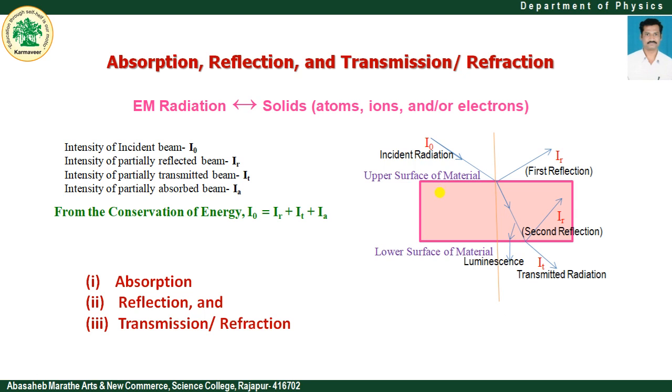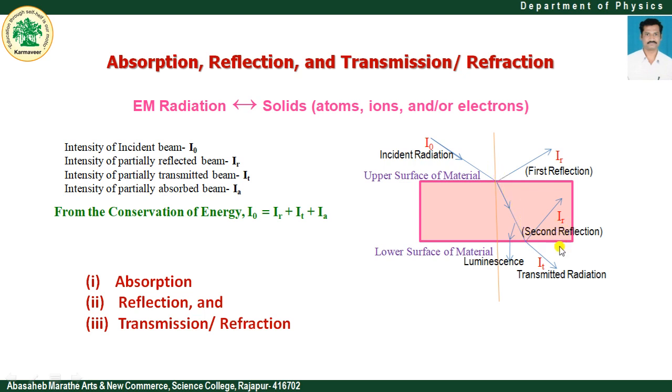So again, we have seen about this figure that incident beam or incident radiation of intensity I naught may be partially reflected. Here is the intensity IR of the reflected beam here, and again this incident radiation can be partially transmitted.